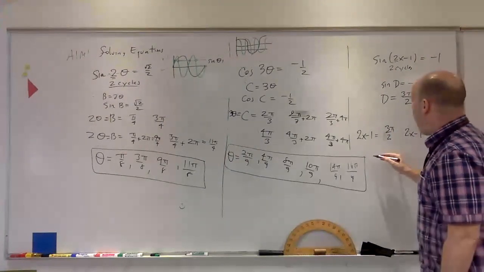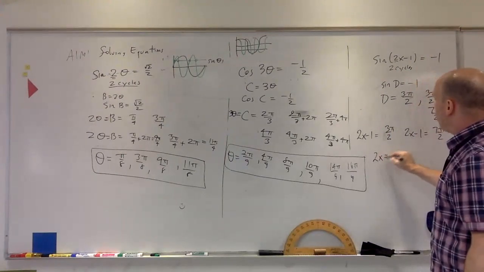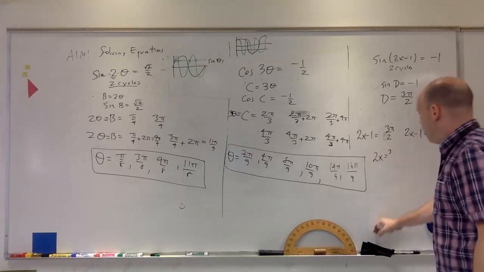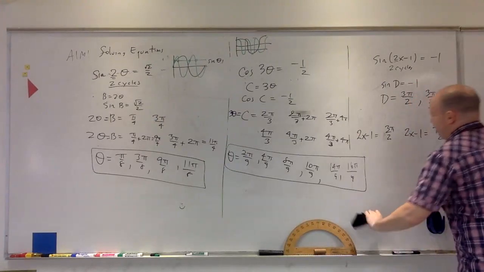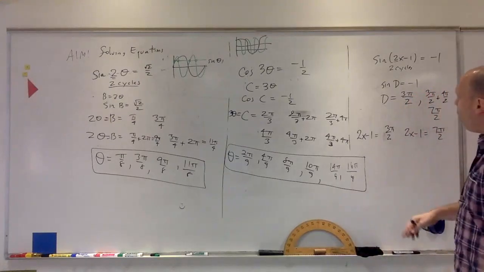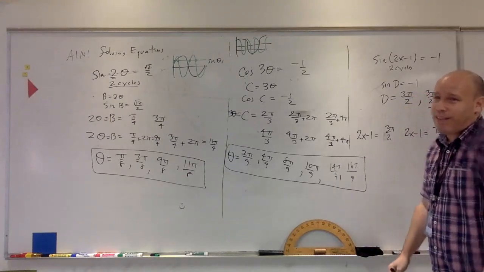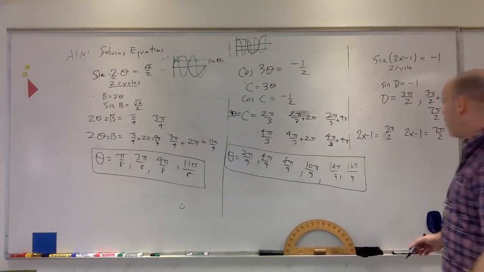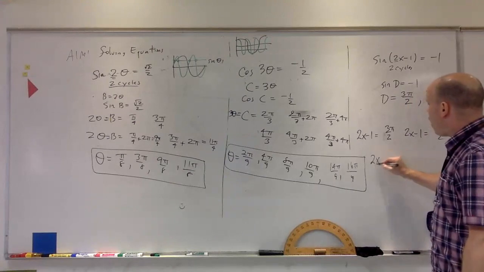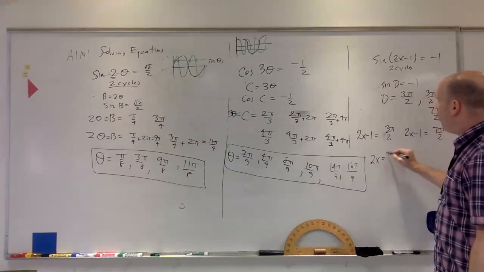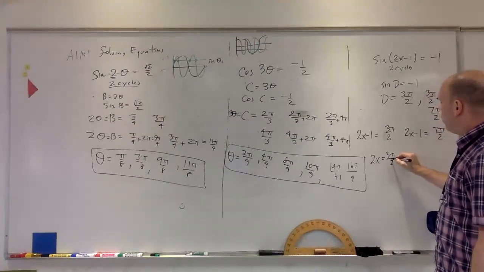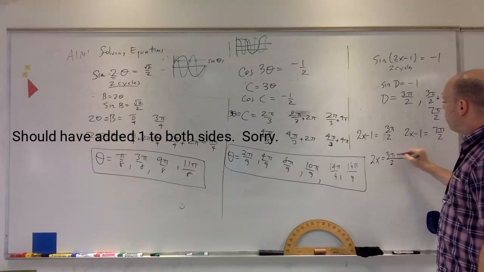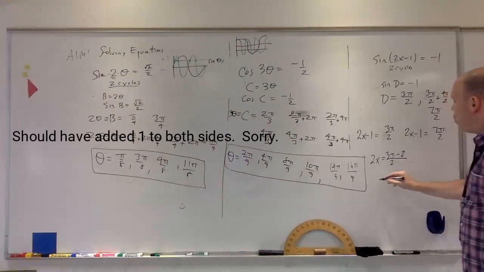And so my 2 answers, so what I have here, 2x equals 3. Sorry. So we have, well, what should we do first? Well, let's once again, we have 2x equals 3 pi plus 2 over 2.